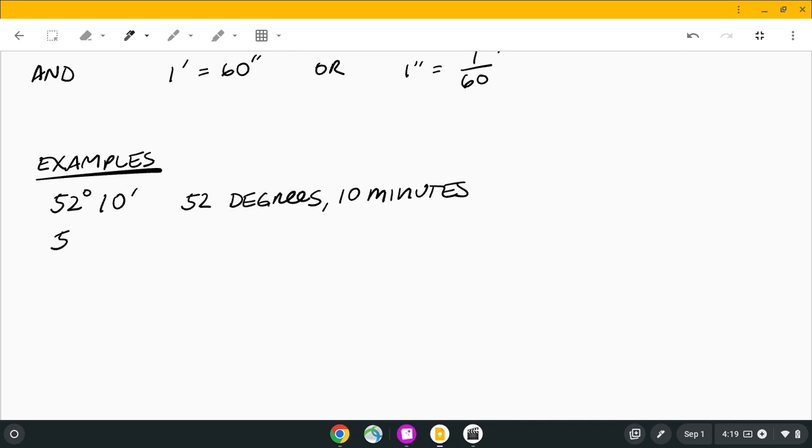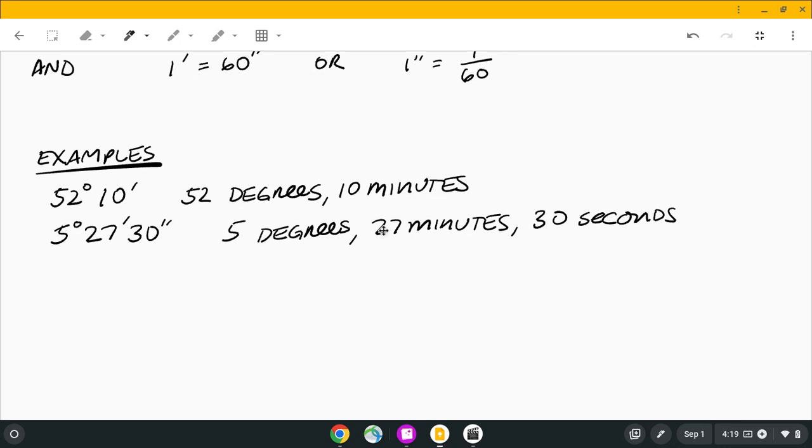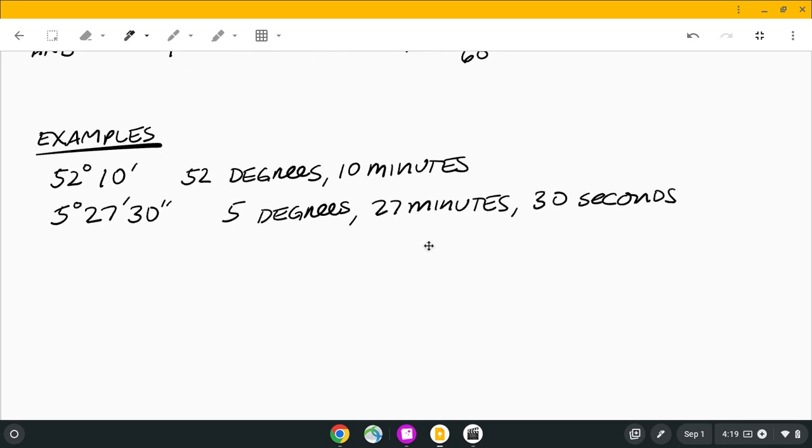If we had something like this, 5 degrees, 27, single tick mark, 30, double tick mark, you would read this as 5 degrees, 27 minutes, 30 seconds. So try to visualize it.